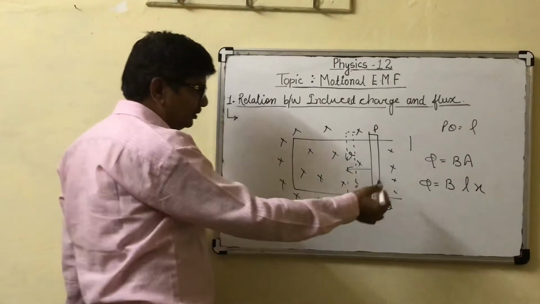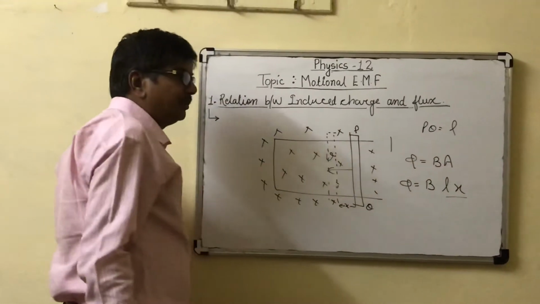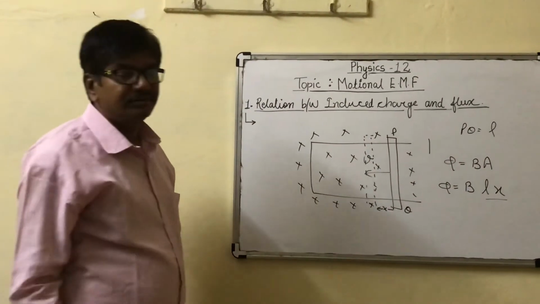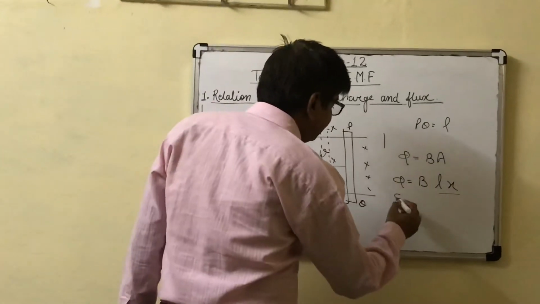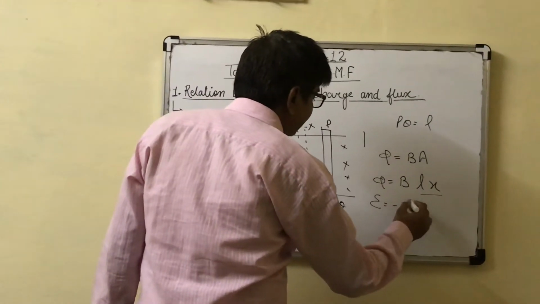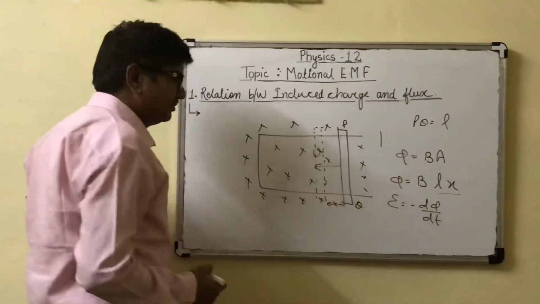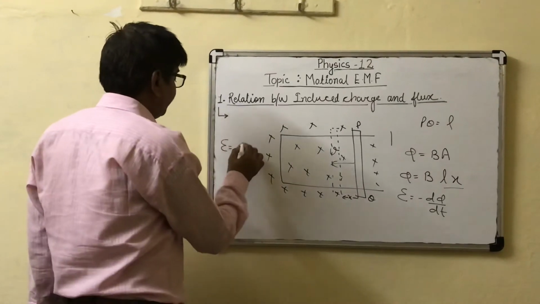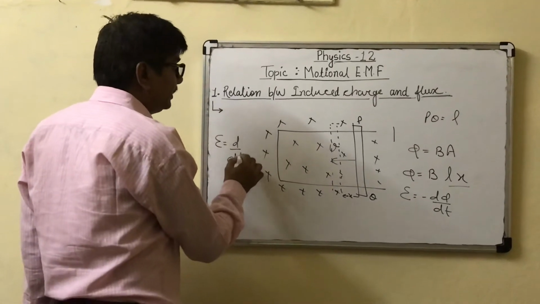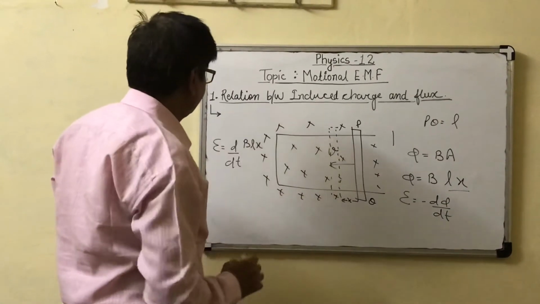So phi is equal to B L x, this is the area. But we have to calculate the induced EMF. So according to Faraday law, E is equal to minus d phi by dt. This is Faraday law. So induced EMF E is equal to minus d by dt of B L x.